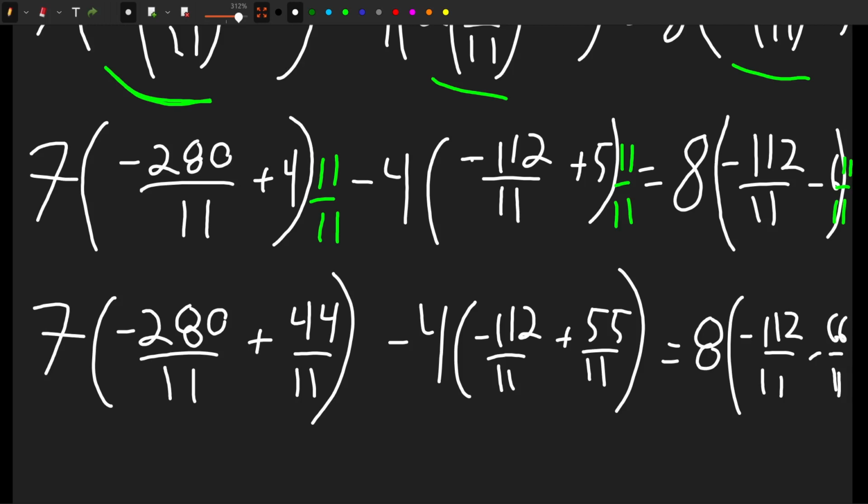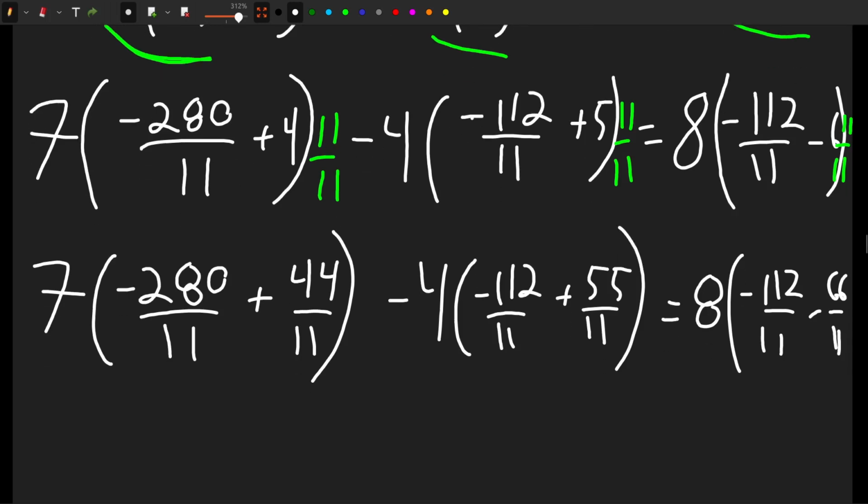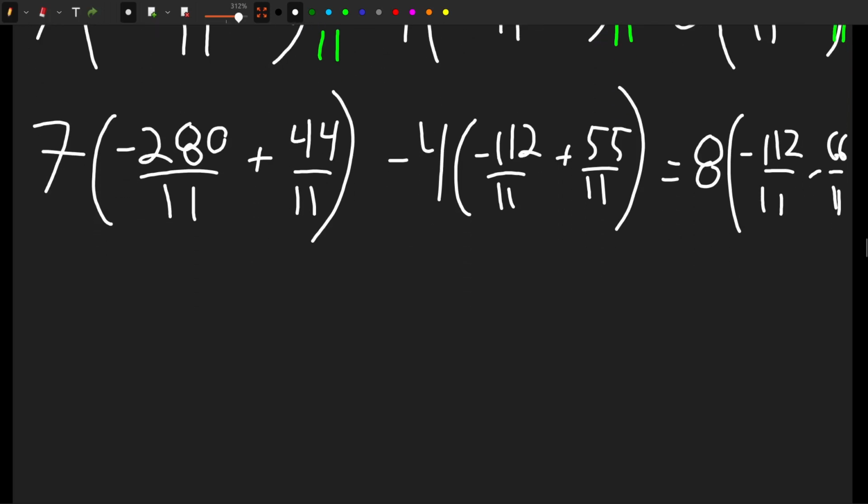Now I can simplify out my fractions. Negative 280 plus 44, that's going to be negative 236? Yeah.